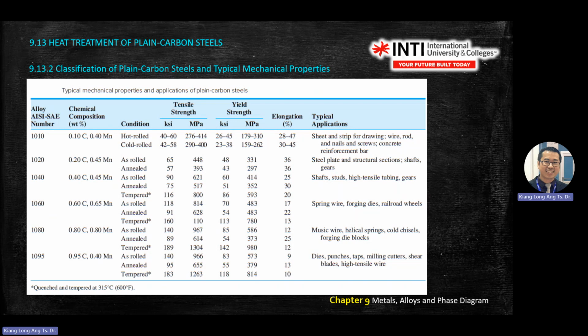The vendor will give you all these parameters. For example, 1010. What does 1010 mean? 0.1% carbon, 0.4% Mn, it can be either cold rolled or hot rolled, and the tensile strength, yield strength, percentage of elongation. They are able to see what the applications are.